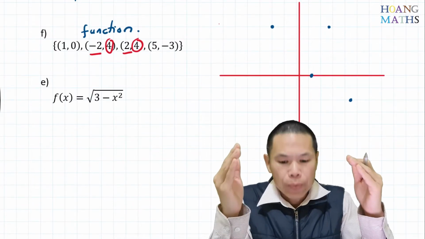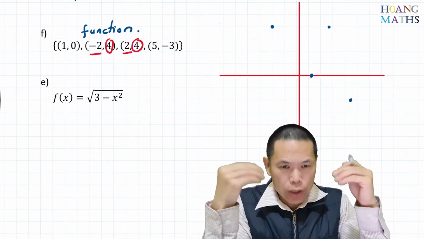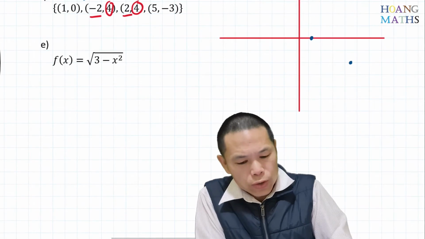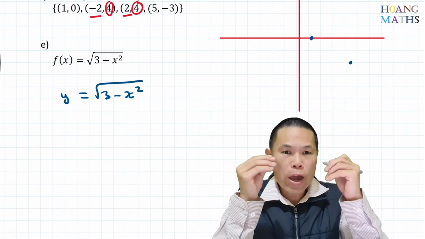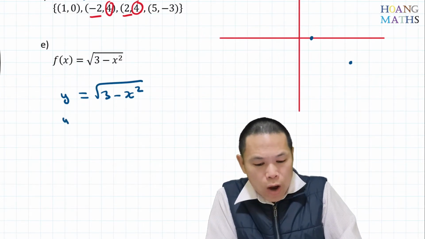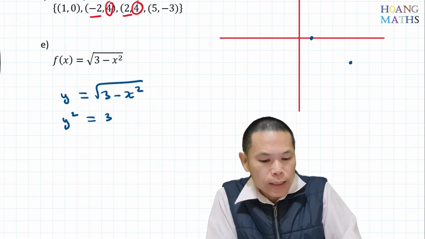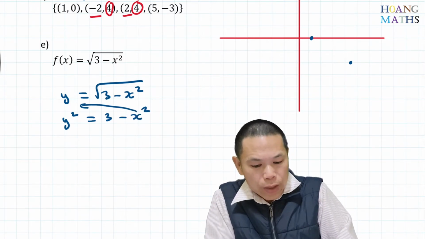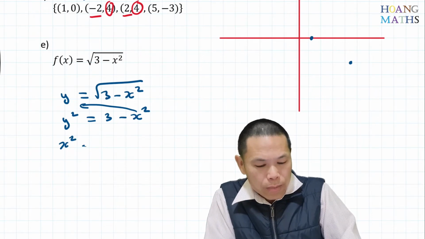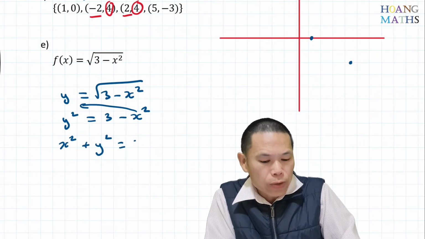So part E, it is a semicircle. If you're not sure, you can let y equal the square root of 3 minus x squared. If I square both sides, that means y squared is equal to 3 minus x squared. And I move the minus x squared to this side. So x squared plus y squared is equal to 3.